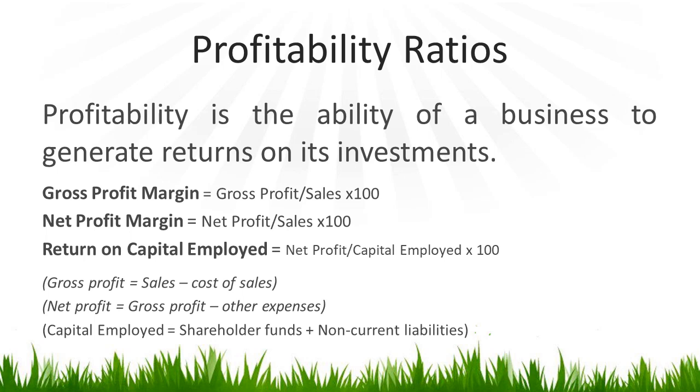Unlike liquidity ratios, where we have given standards, we do not have any standards over here. We just compare the current value of gross profit margin with the previous value, and we can also compare the current values with the values of competitors, if they are available, and the industry as a whole, in order to find out whether profitability has improved or declined.